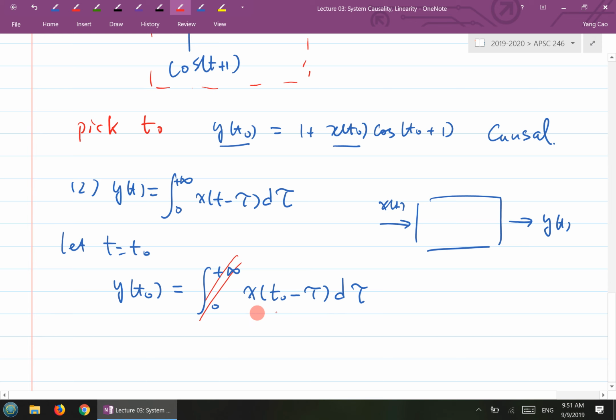Is y of t naught equal to x of t naught minus tau? Do you think it's causal or non-causal? It's causal, right? Okay.